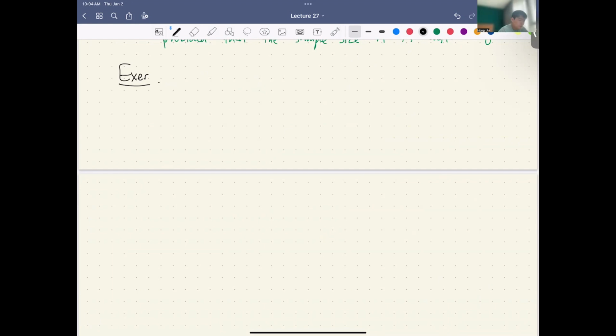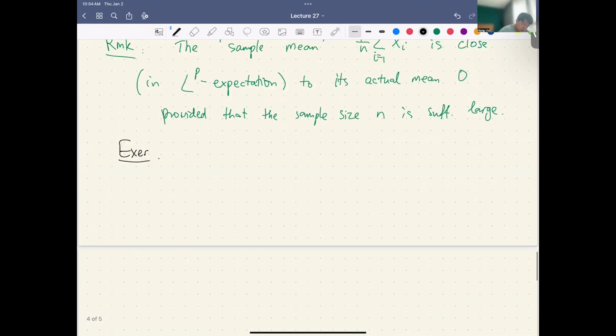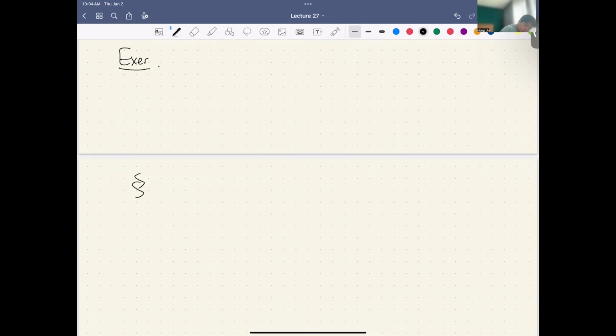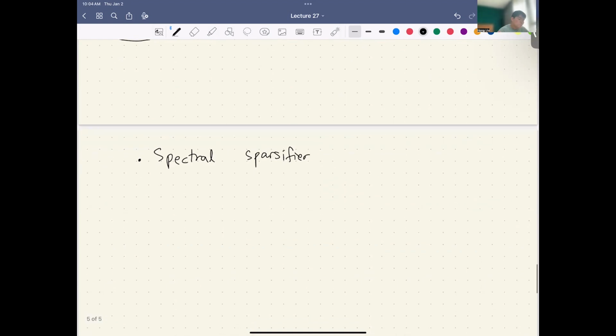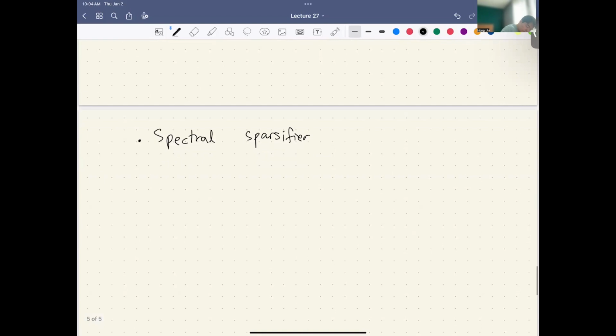So let's define the necessary things that we need. Spectral sparsifier. Okay. So the thing we want to approximate now is the Laplacian matrix of graph G. So the setup is we have a graph G.